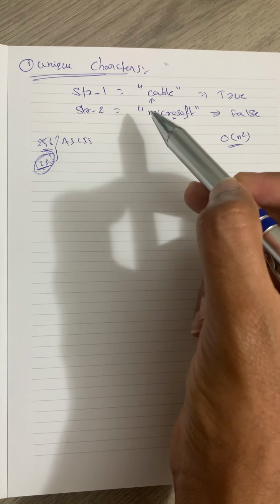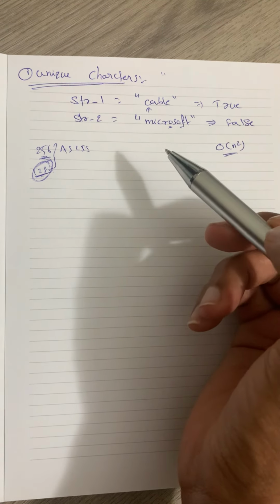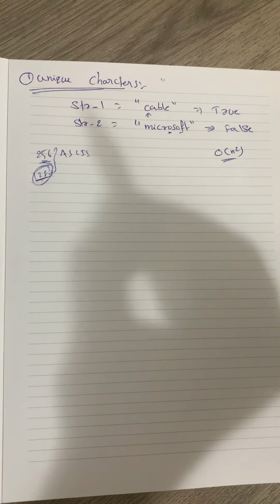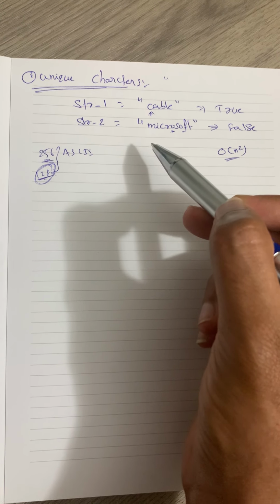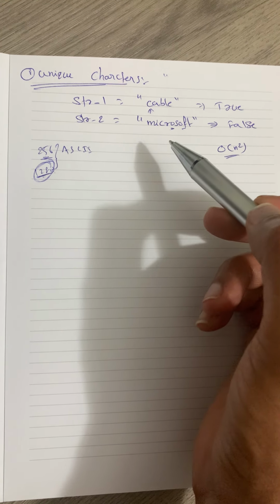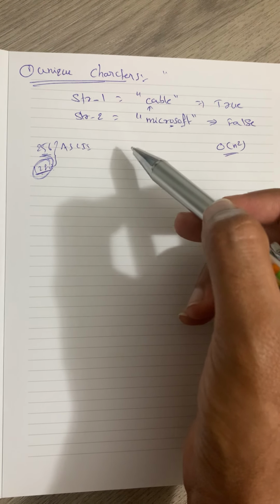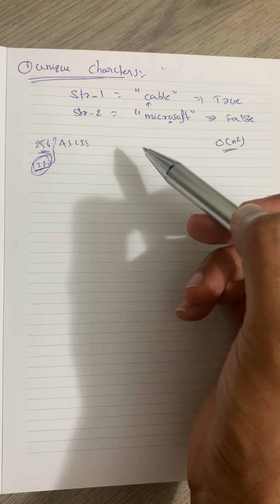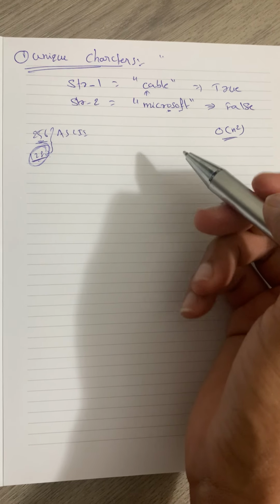If that is not the case, then we will initialize all the characters to false at the beginning, and then traverse through the string and check each character. If it already exists in that initialized variable, then we will return false. But if we don't see that, then we will return true.